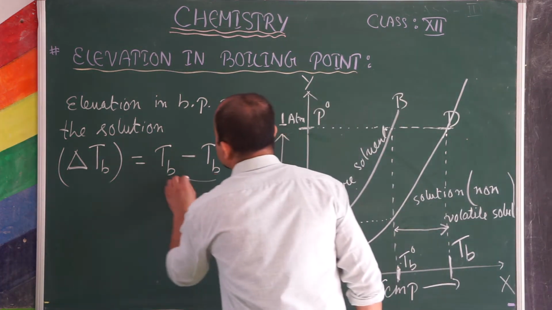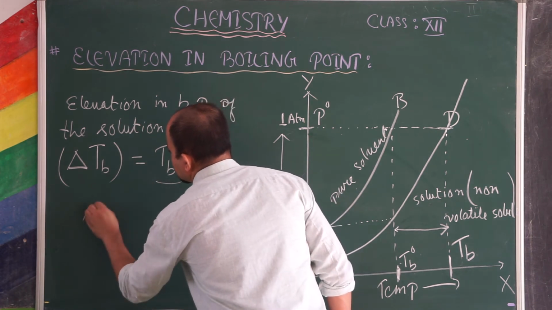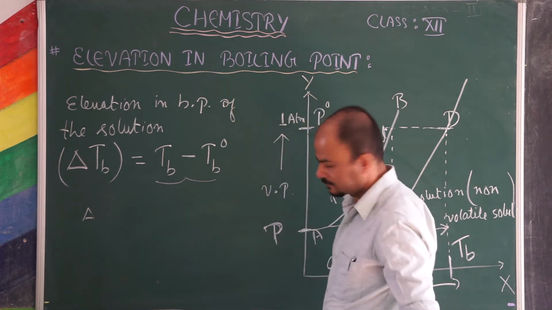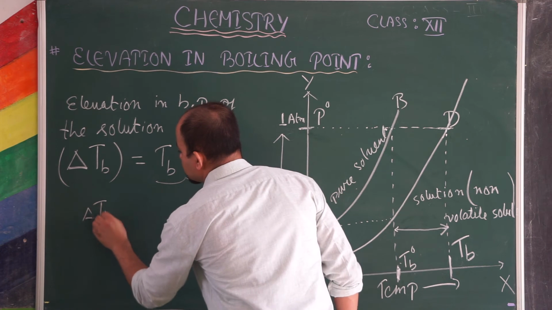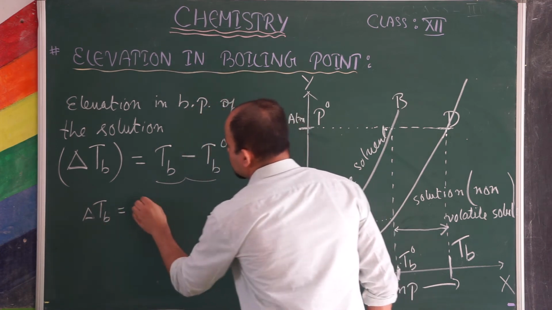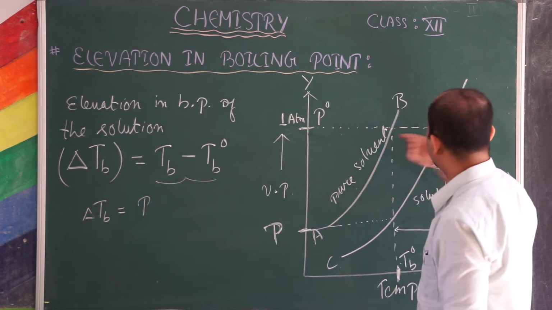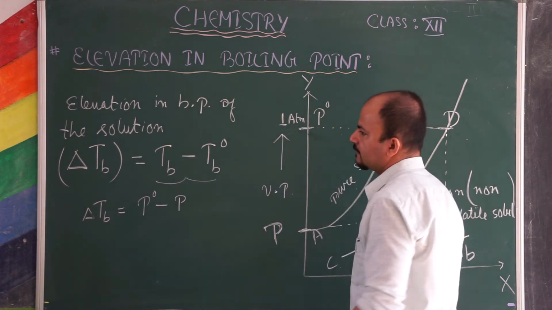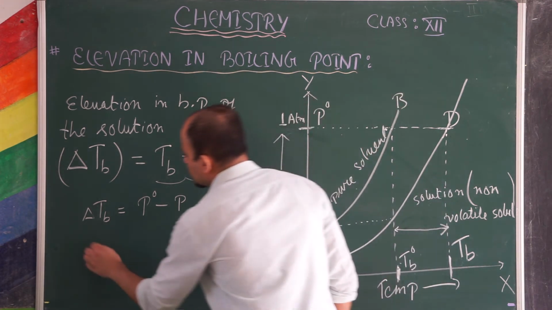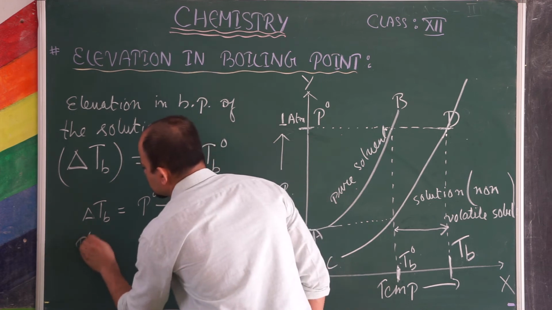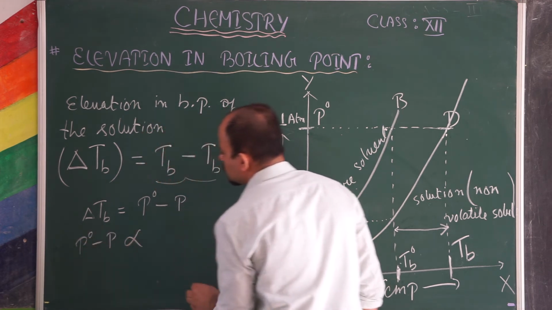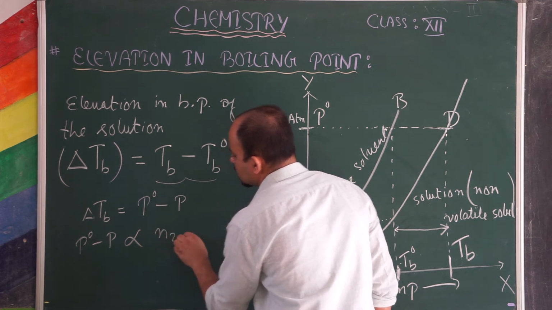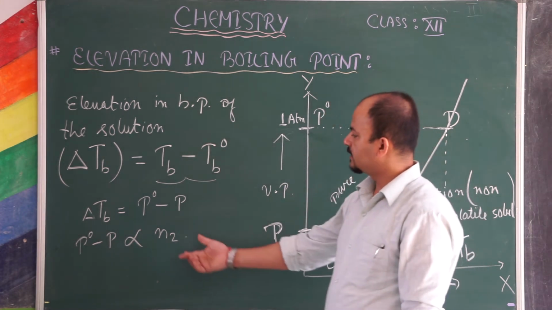So, instead of writing this, we can write delta TB will be equal to P naught minus P. Now, from our previous discussion, we have seen that P naught minus P is directly proportional to mole fraction of the number of moles of solute, N2.